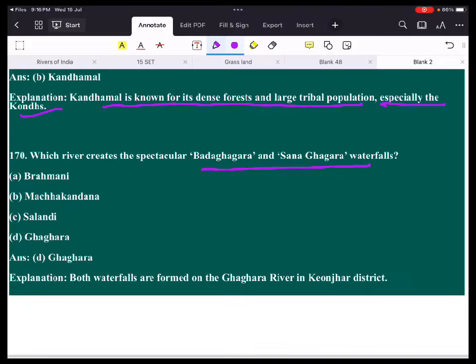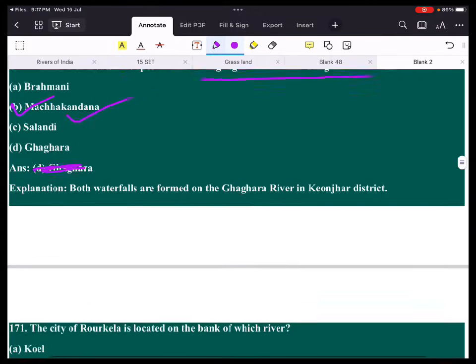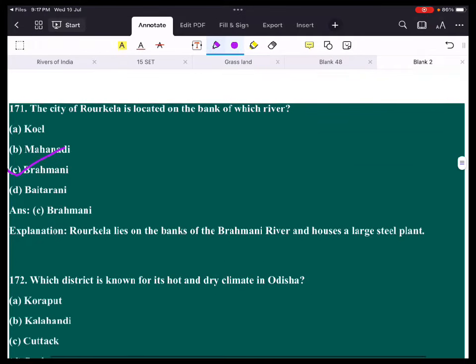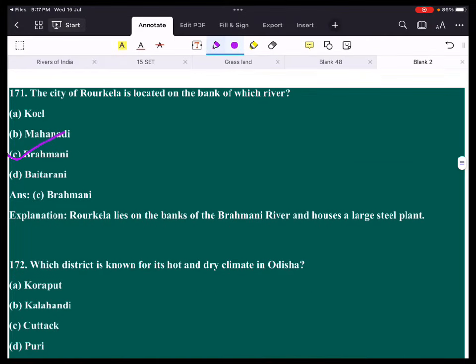That is not D, that is option B, Machakandana. The city of Rourkela is located on the bank of which river? That is option C, Brahmani.